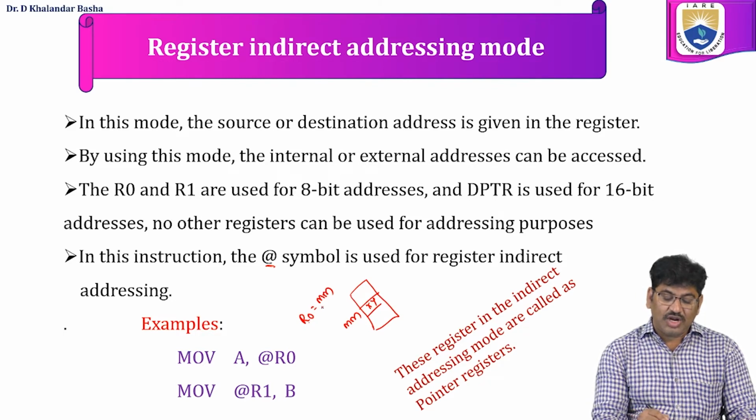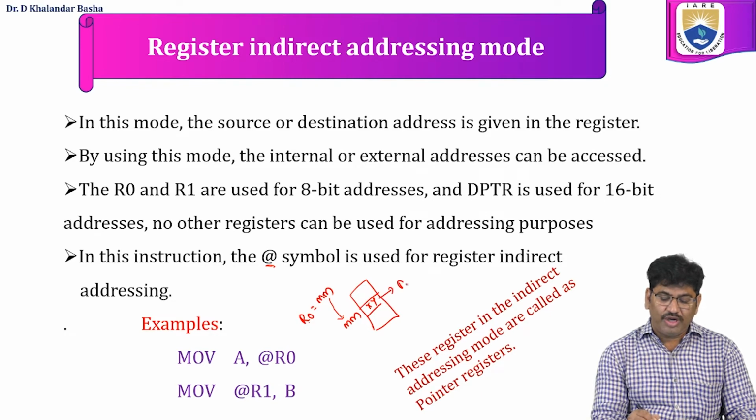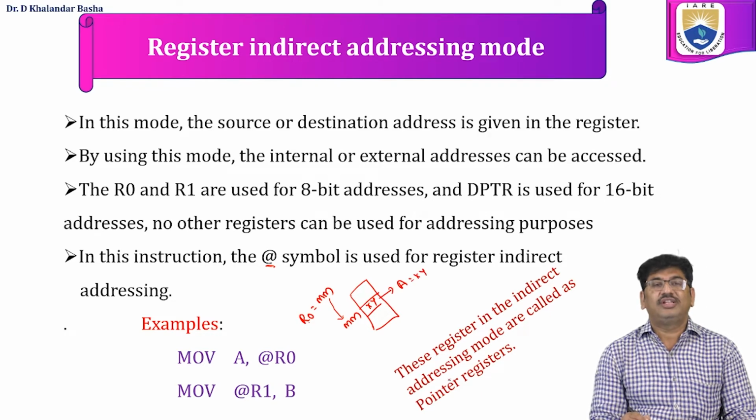So here R0 contains MM, which refers to the memory location MM. The contents in this memory location are XY. This will be copied into the accumulator, which is XY in this example.